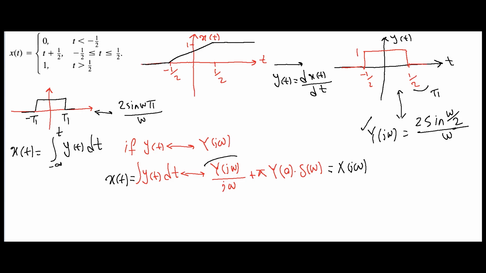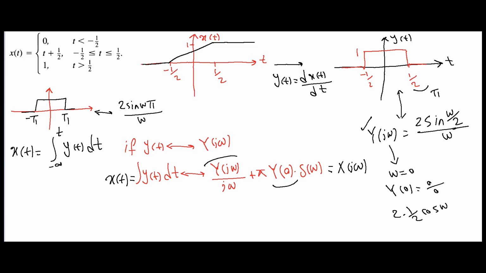Now we already know Y(jω). The only remaining quantity is Y evaluated at 0. To compute Y(0), substitute ω equals 0. But this gives 0 over 0, which is indeterminate.